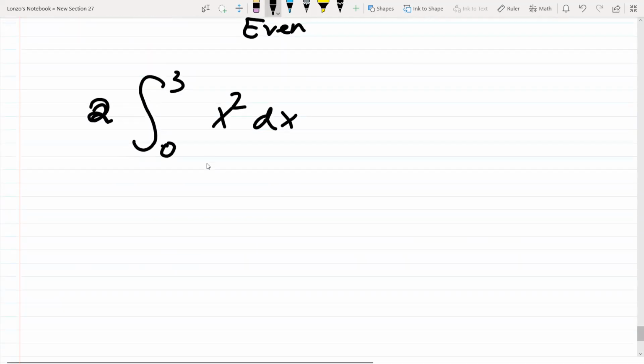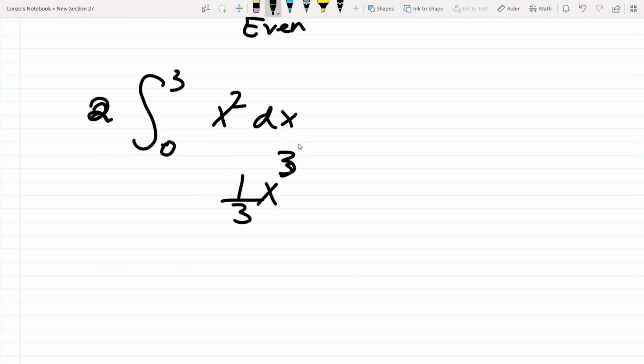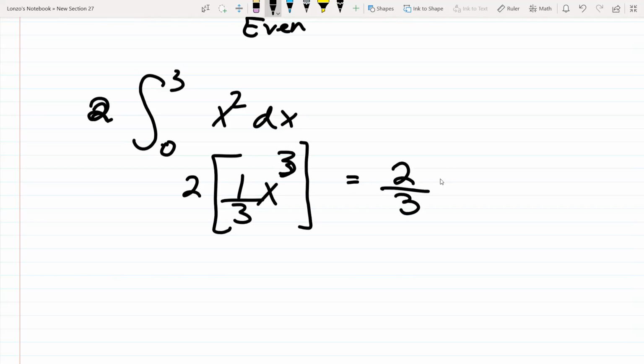Okay, so let's take the integral of x squared. What is the integral of x squared? It's 1/3 x cubed. And because we took out a 2, you're going to multiply this by 2, so that's 2/3 x cubed from 0 to 3. Then just apply the fundamental theorem.